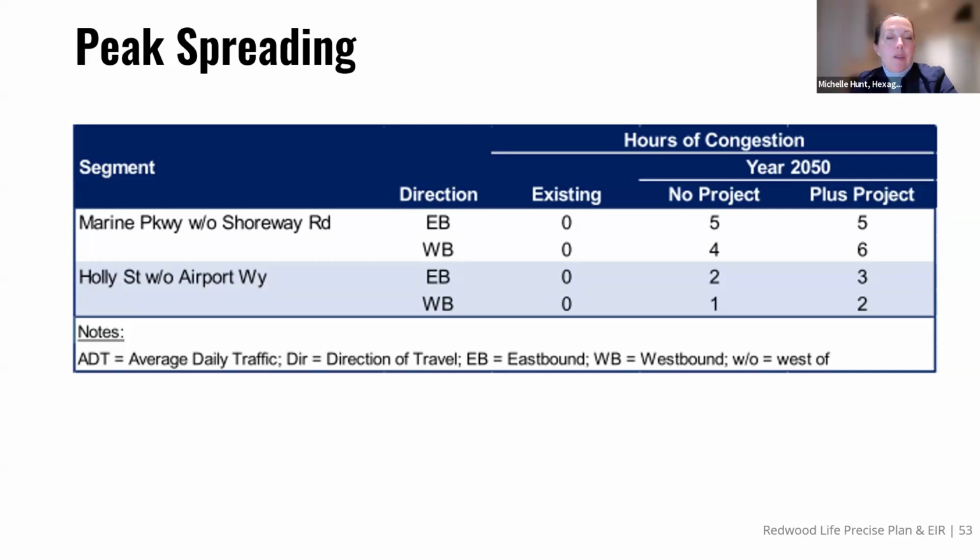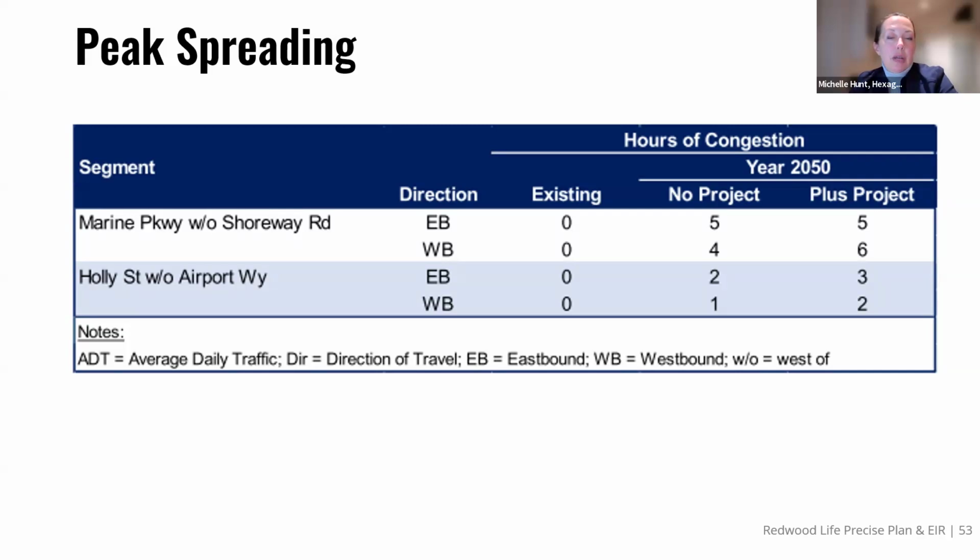In the year 2050, though, even without the project, just due to the amount of growth that is expected in the region, the hours of congestion on Marine Parkway are expected to be 5 hours in the morning for the eastbound direction and 4 hours in the afternoon for the westbound direction. With the project, the eastbound direction would still experience 5 hours of congestion, but the westbound direction, the length of congestion would increase from 4 to 6 hours.